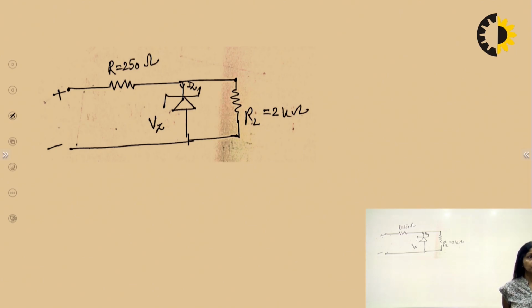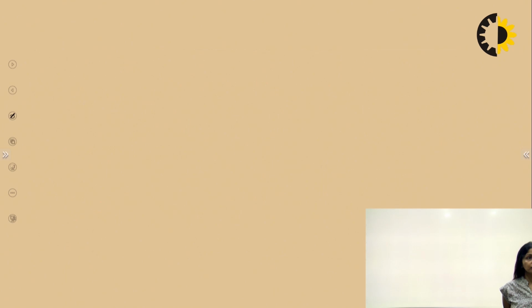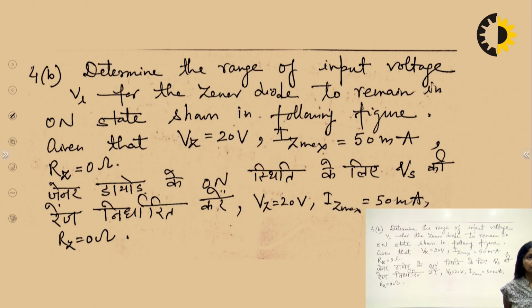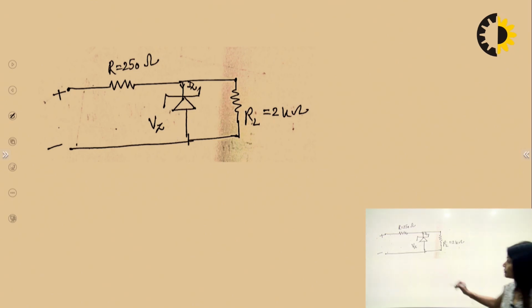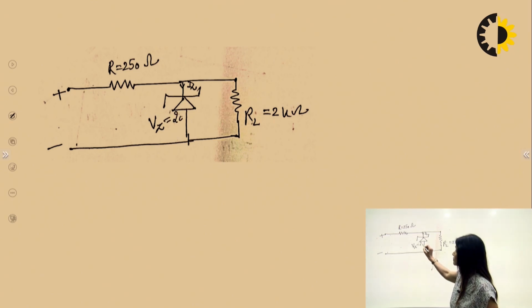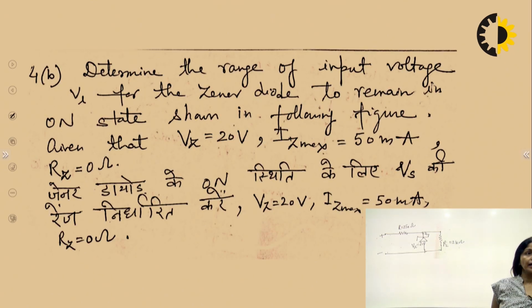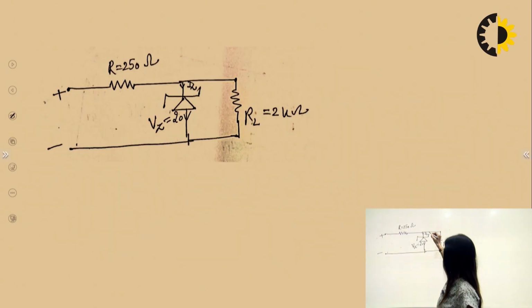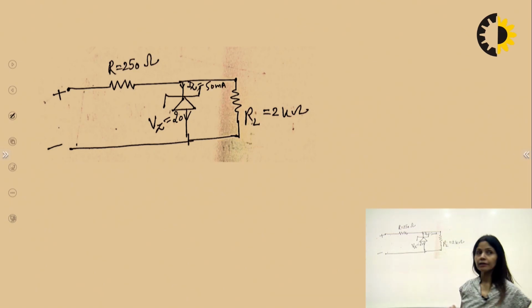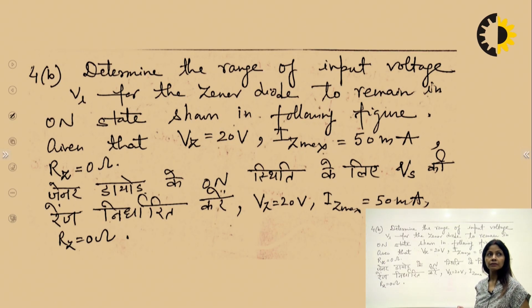So here in this question, Vz is equal to what? See, Vz is 20 volts. So we will write, okay, and they have given Iz maximum 50 milliampere. We will write for our convenience.